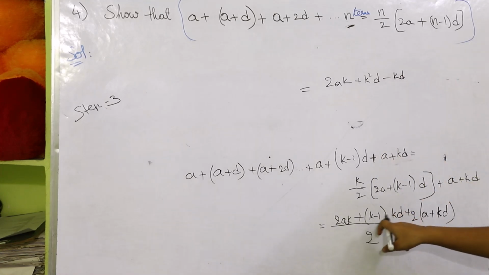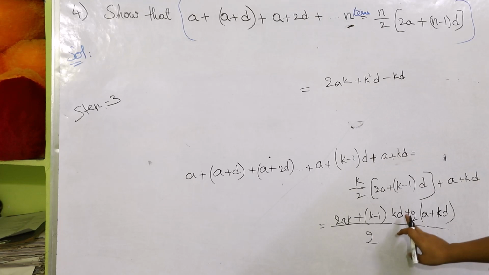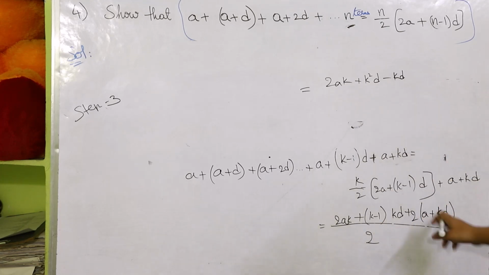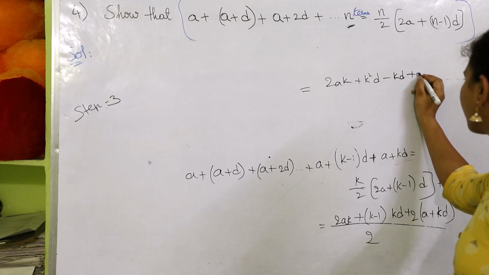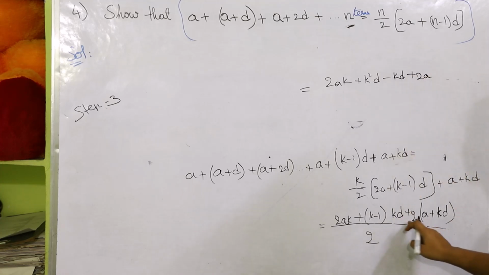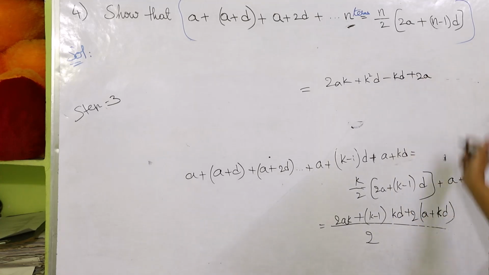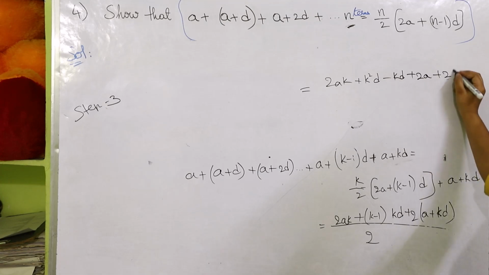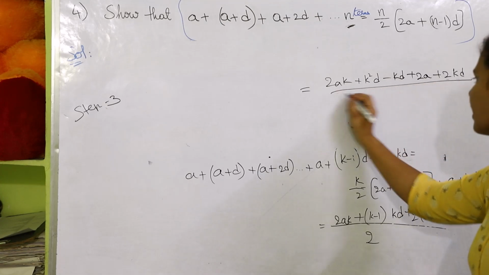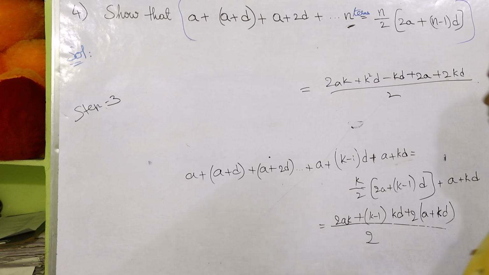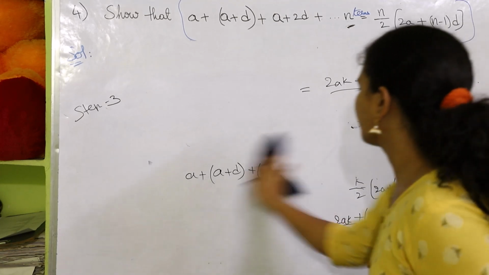Again 2 into a is 2a, and 2 into kd is 2kd, all by 2. Clear? By 2.